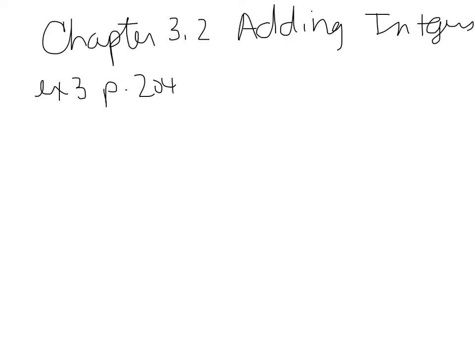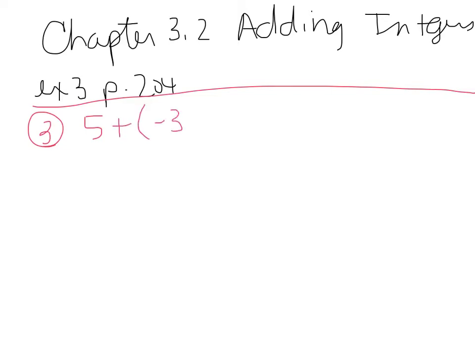Okay, and we're in Chapter 3.2, Example 3 on page 204, but we're using the key concept box on 204, and the example is actually on 205. So, looking at that, if you have two numbers and you're adding them together, and one is positive and one is negative, so here we go.